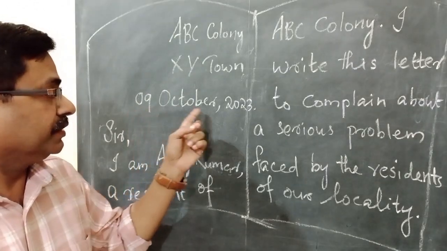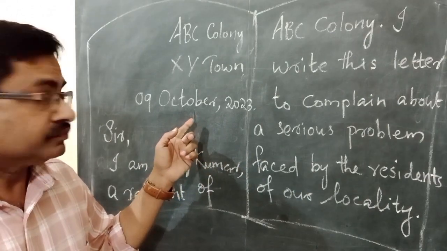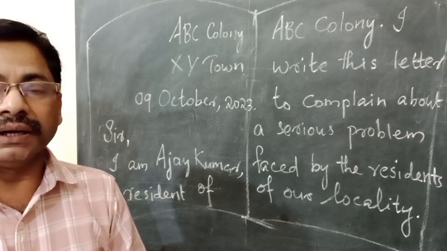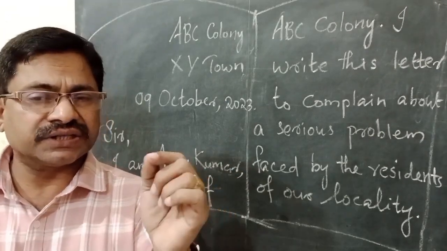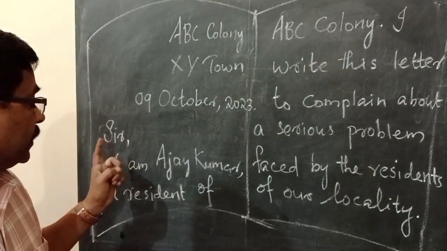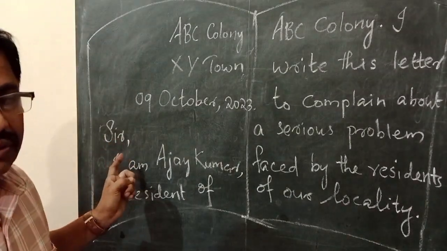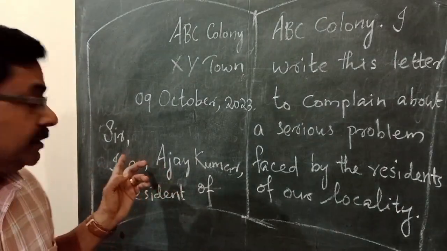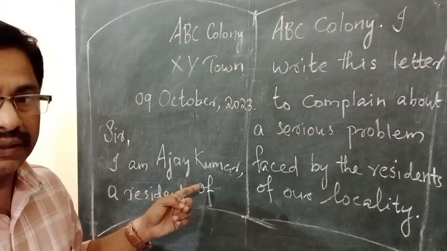Date should be written in such a manner, and this is followed by the salutation, sir, comma, or madam, comma. So if you are writing the subject, you can place the subject here, after the salutation. Here I did not write the subject. Directly I am going to write the body of the letter.